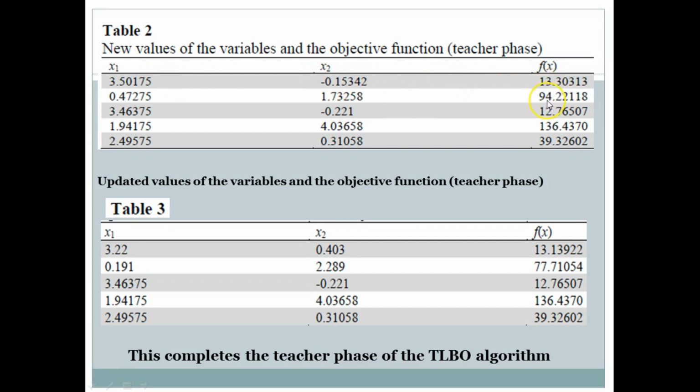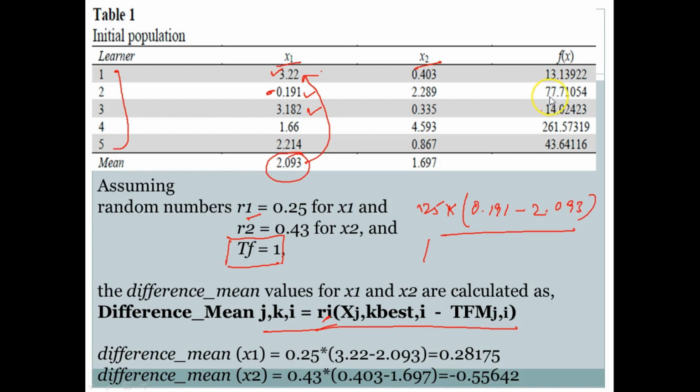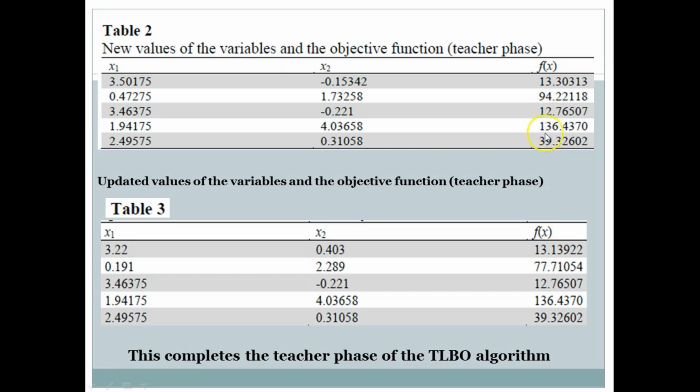Similarly, if you compare 94 and the previous 77, again this is not going to improve. But if you look at 14, 261, 43, you will find that all these values are going to improve. So we will not consider the updated values for learner 1 and learner 2, but for the other learners we will take the updated values into consideration because they are going to improve the overall results.